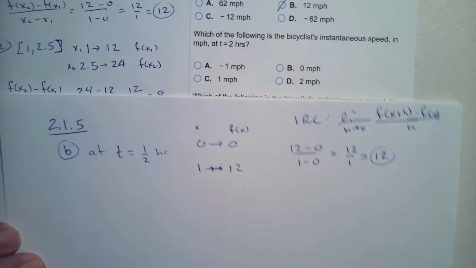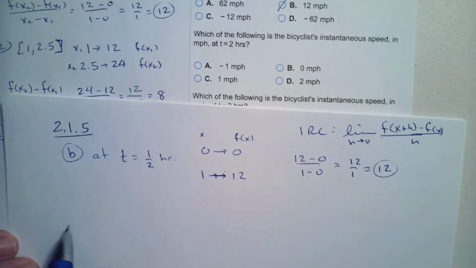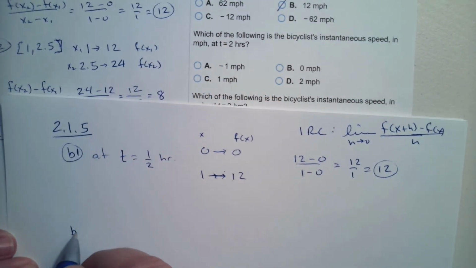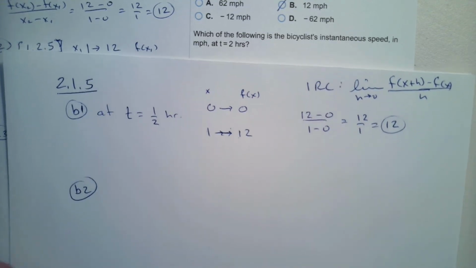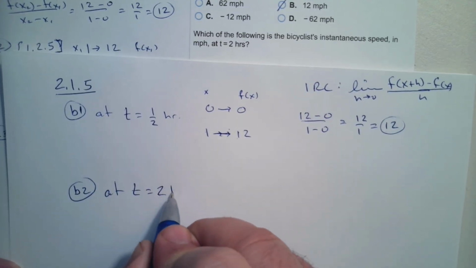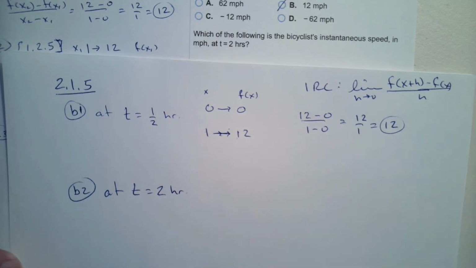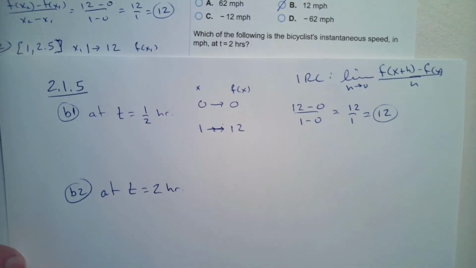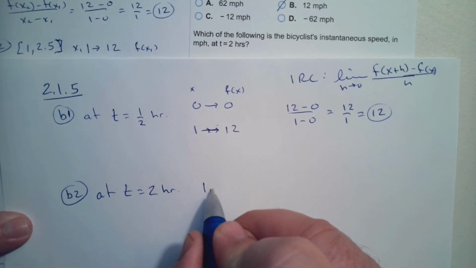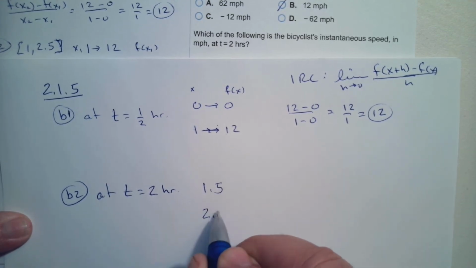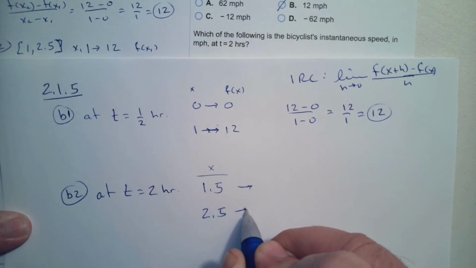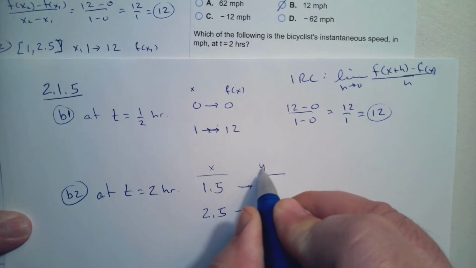Now we're looking at 2 hours. That's B1, this is B2, at t equals 2 hours. Let's look at the two values of 1.5 and 2.5. These are our x's, these are our y's.